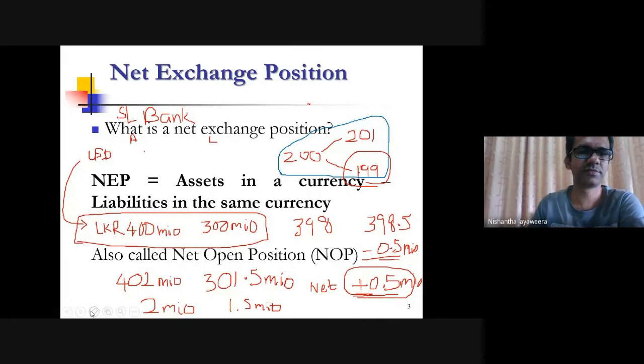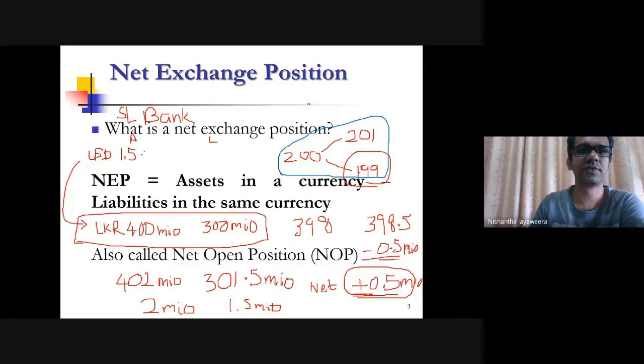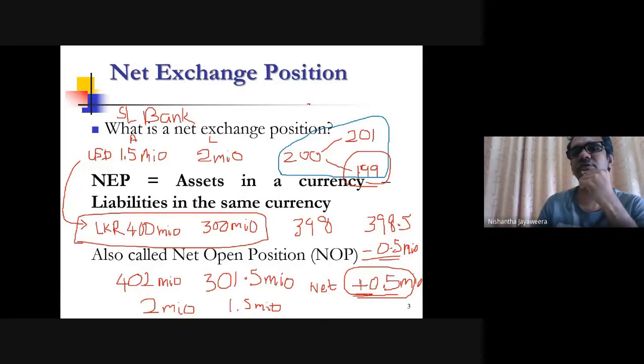If I change this to 1.5 million assets and 2 million liabilities, what would happen when the exchange rate goes to 201 and 199? Would it make any difference?